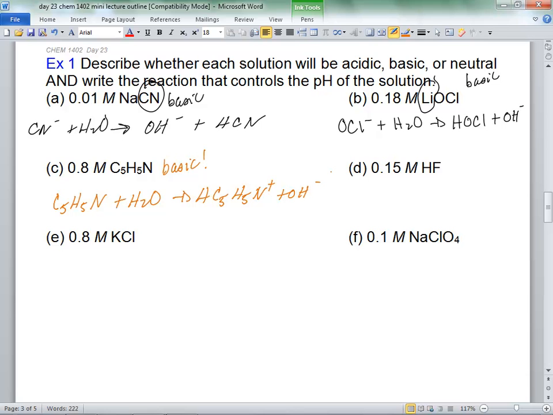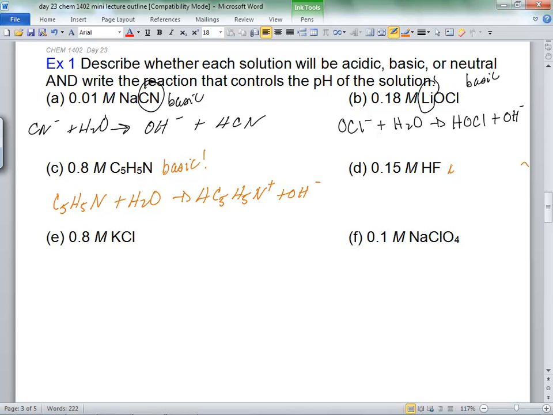So in D, good, okay, good. So everyone agrees with C, right? And whether you write it as C5H6N plus or HC5H5N plus, same thing for C. D, see if everybody agrees on D. Hopefully they're saying it's acidic.